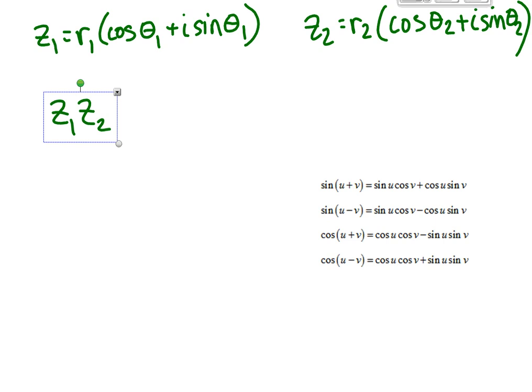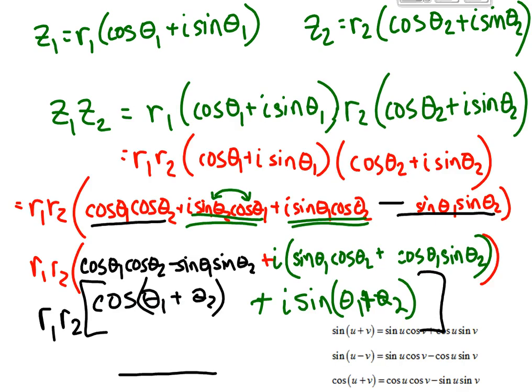So if we have these two things, z1 and z2, written in trigonometric form, we want to be able to multiply those and come up with a general answer. I'm just going to show you my work from another year. When I'm multiplying those two, I multiplied the r1 and r2 out in front and just left them out there the rest of the time.